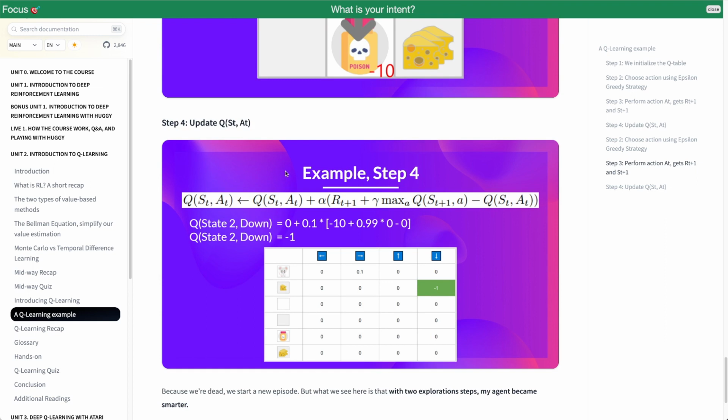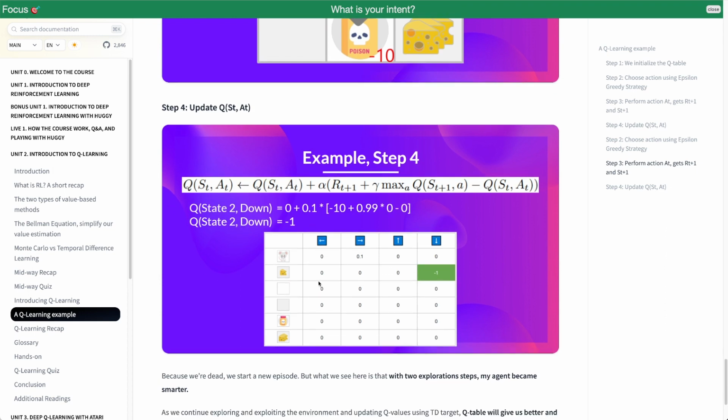So step 4 is we update the table again, right? So at this cheese table, what does it mean to go down?